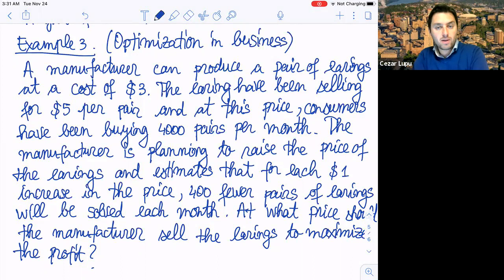And the earrings have been selling for $5 per pair, and at this price, consumers have been buying 4,000 pairs per month. So the manufacturer is planning to raise the price of the earrings and estimates that for each dollar increase in the price, this is important information, 400 fewer pairs of earrings will be sold.